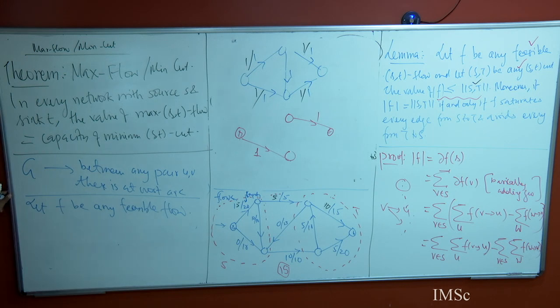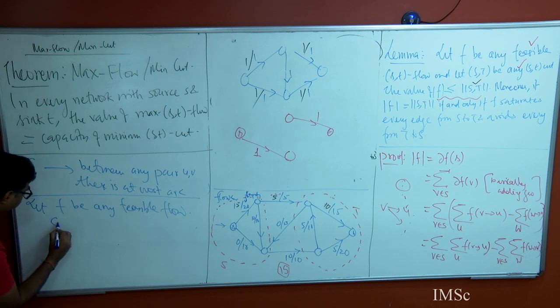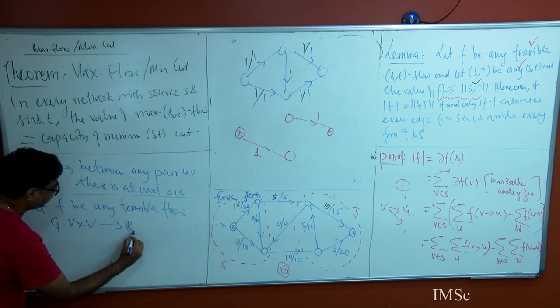By feasible flow we always mean that it is between 0 and capacity, right? We don't try to prove that it satisfies conservation and such; it will automatically satisfy these things. Okay. So we define a new capacity function from V cross V to R positive.